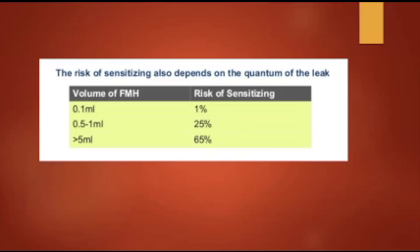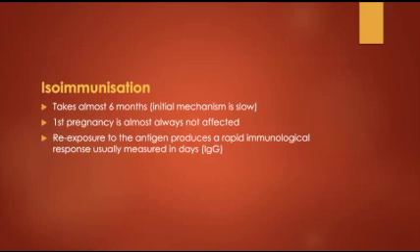The larger the leak, the higher the risk of sensitization. For example, if 5 milliliters or more, there can be a 65% or higher risk of sensitization. As immunization takes almost 6 months, the first pregnancy is usually not affected.